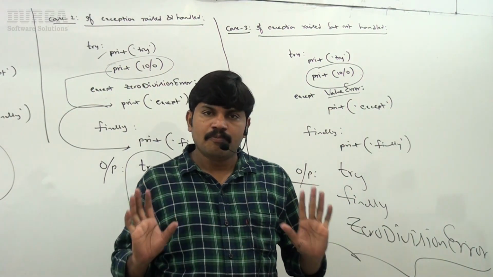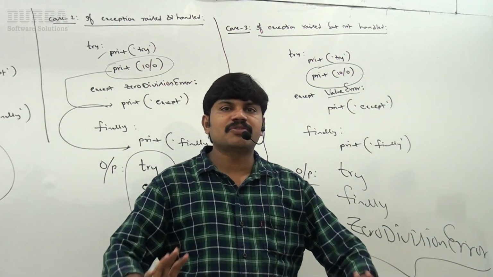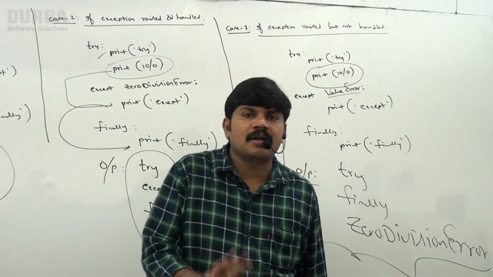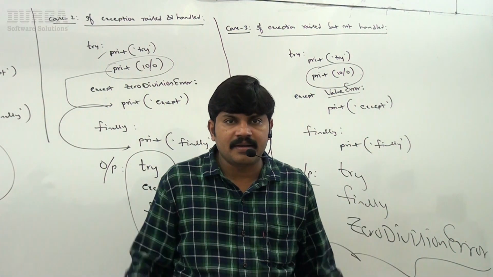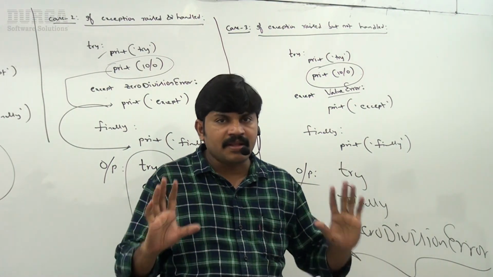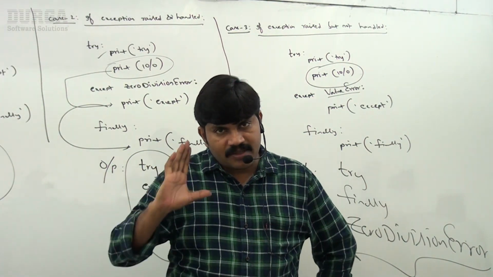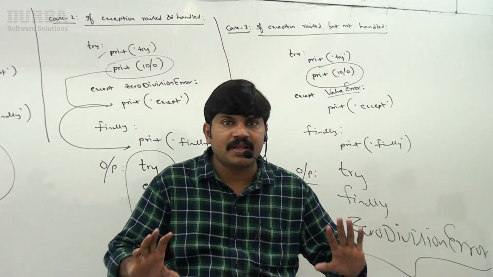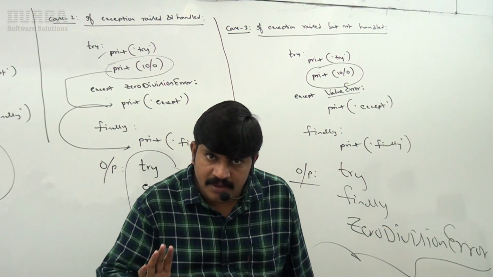So finally is always going to execute irrespective of whether an exception is raised, not raised, handled or not handled. That is the speciality of the finally block. Clear? Any explanation required?